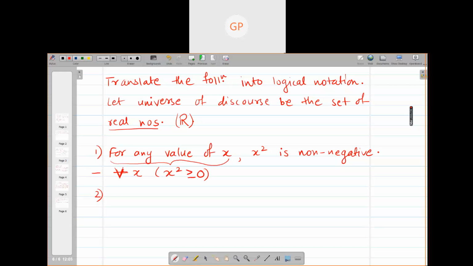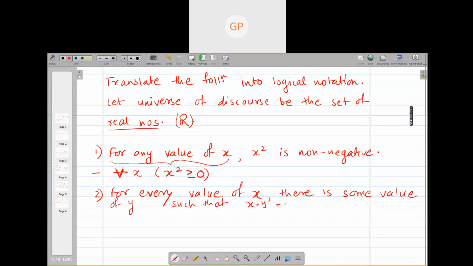Next, for every value of x, there is some value of y such that x into y is equal to 1. So how will you translate this?